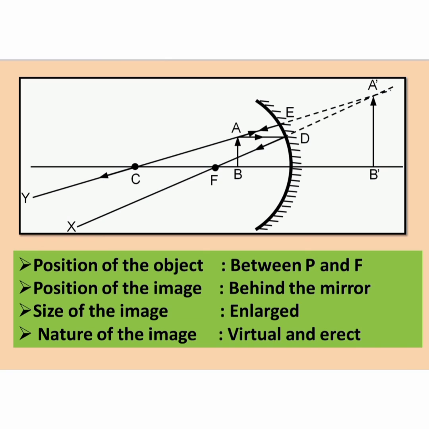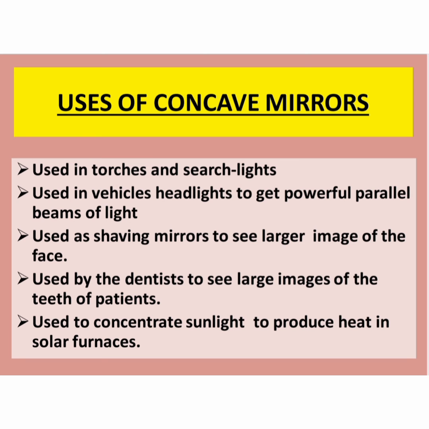And now we can see the uses of the concave mirror. Where the concave mirror is used, why it is used, those things we are now going to see. First of all, the concave mirror is used in torches and searchlights. Why?